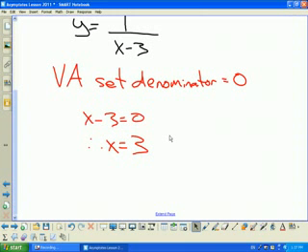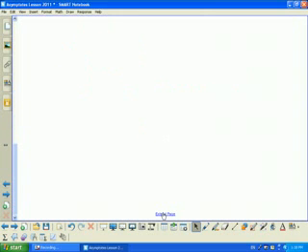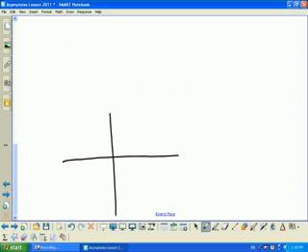Now, I'm going to scroll down here for a second. This means that when I go to sketch it, x equals 3. Okay? That's my sketch later on. I know it's going to look like that.